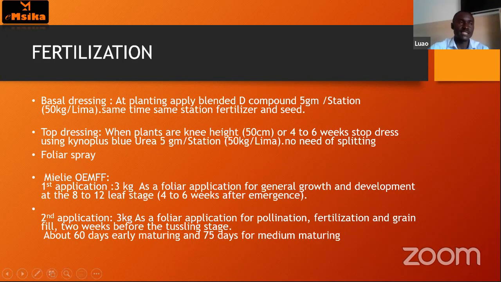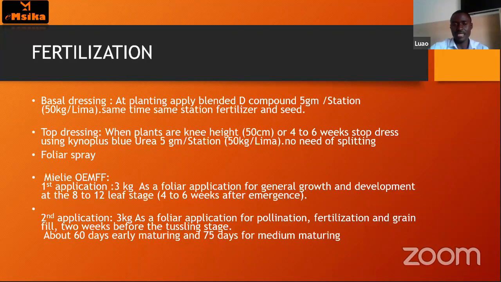With this kind of fertilizer, you save on labor in terms of applying, because you don't need to split like the way we used to split ordinary urea. Because ordinary urea, we are splitting it so that a plant will access enough nitrates from that urea and to avoid leaching.